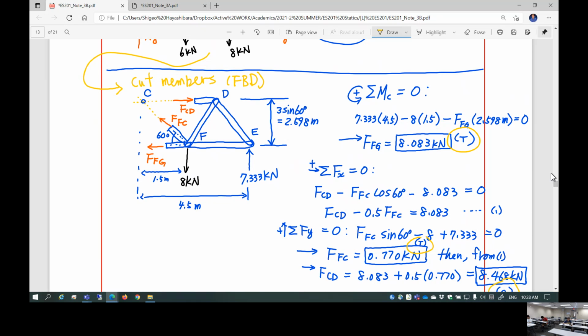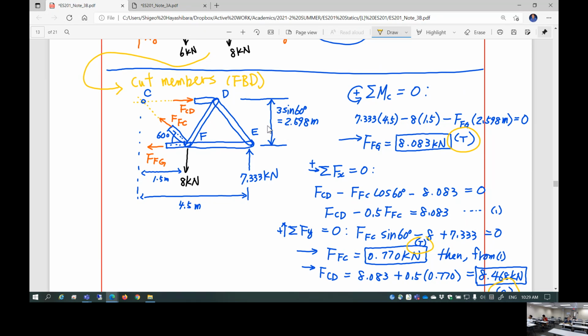Okay. An important thing is you have to virtually cut and introduce internal loading, which is equal and opposite to the external loading at the cut section. So if you assemble it, all the forces cancel out. So introducing a virtual cut means you're going to purposely expose the internal loading for each member so that you can solve those things straight out by applying summation of moment and forces in a free body diagram.